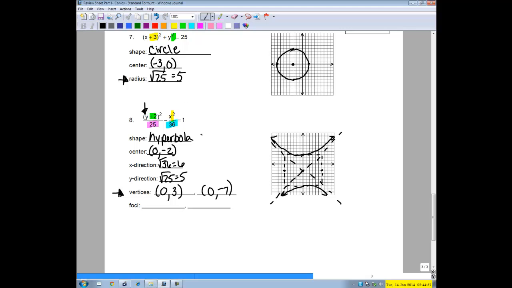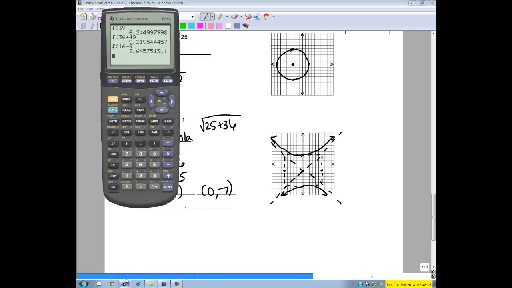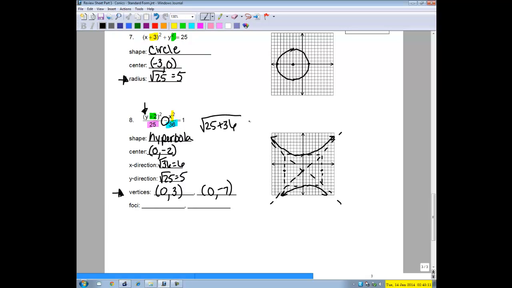And then your foci, you do the square root of the denominators, and since it's a minus, we have to add. So 25 plus 36. So the square root of 25 plus 36 is 7.8. So we will go 7.8 in the direction of the vertices from our center. So 1, 2, 3, 4, 5, 6, 7.8.